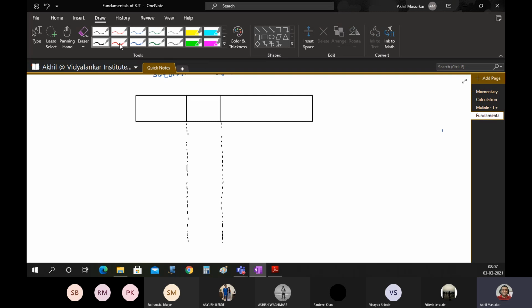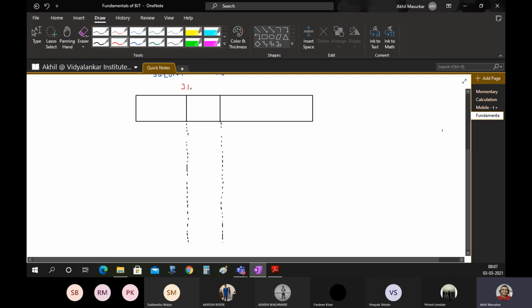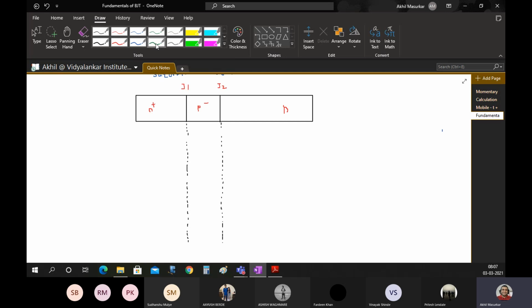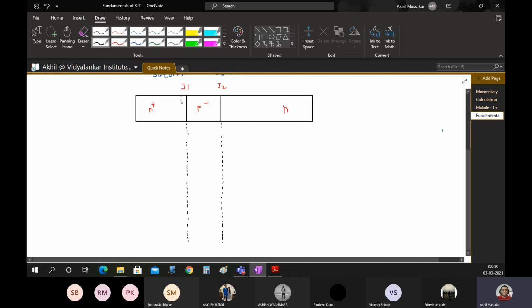So I'll just mark that J1 and J2. This is N plus, P minus, and then here I'll write N. So I'll just draw one more dotted line around J1 and J2. So please draw like this with me.